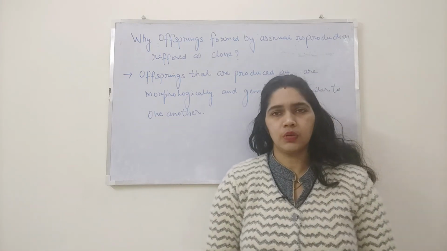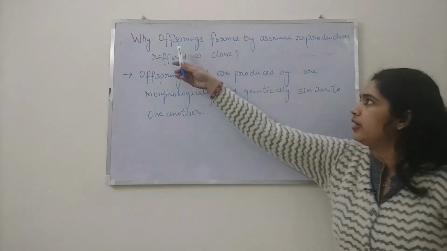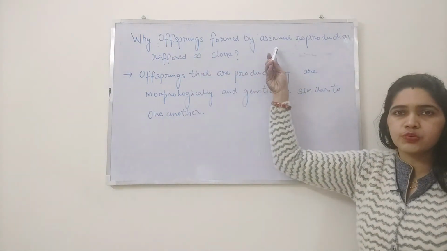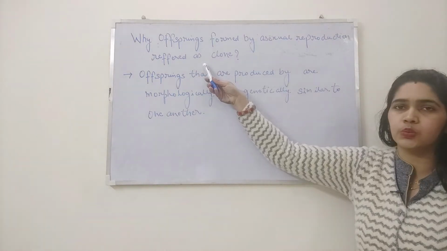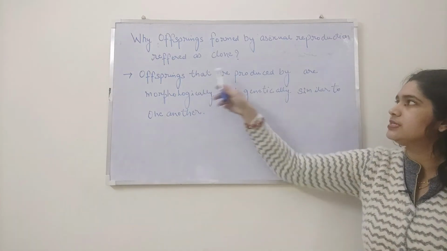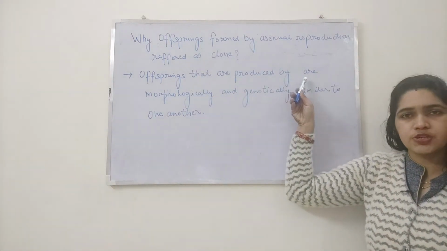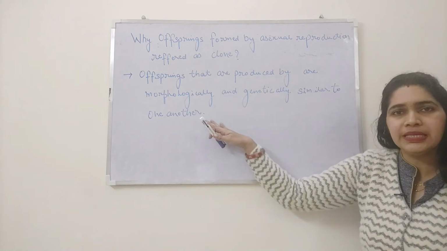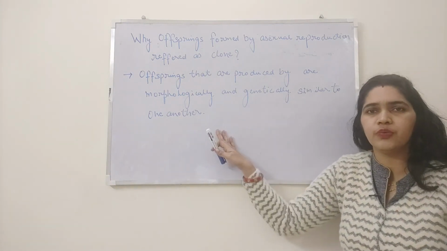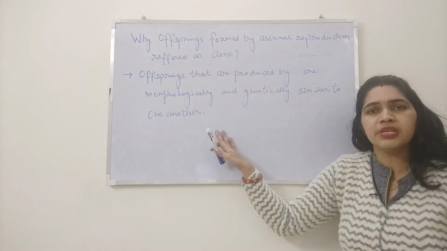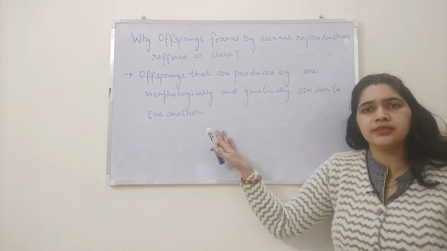Now let's have a look. Why offspring formed by asexual reproduction are referred as clone? Reason is that offsprings that are produced by asexual reproduction are morphologically and genetically similar to one another, hence termed as clone.